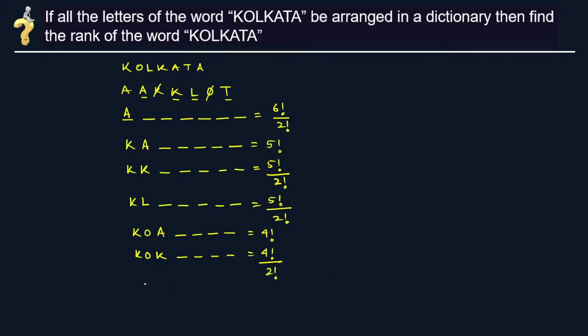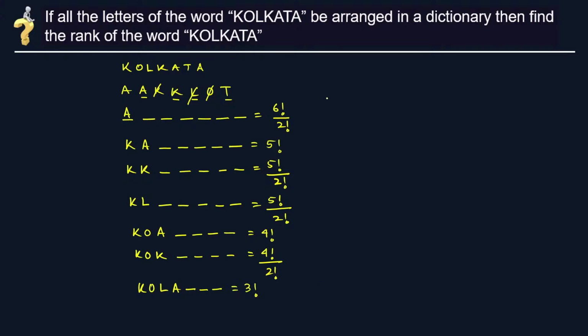After K, L will come. Now it will start alphabetically with A, and we are left with 3 places and 3 alphabets, which are A, K and T. These 3 are distinct alphabets, so they can arrange among themselves in factorial 3 different ways.